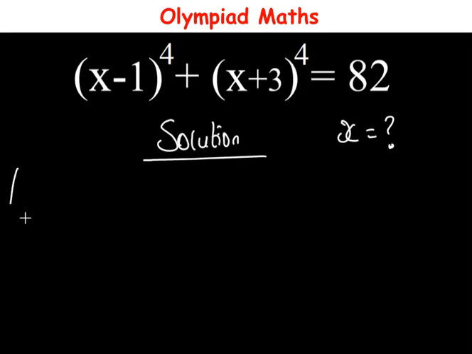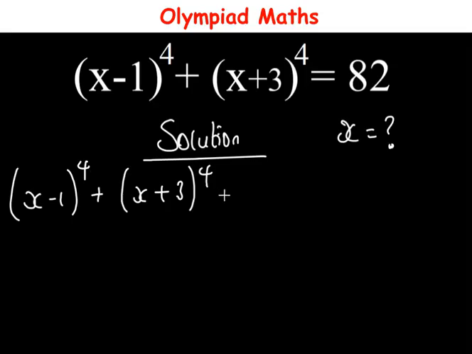So we have (x minus 1) all raised to power 4 plus (x plus 3) all raised to power 4 equals 82. So right here we can express minus 1. Minus 1 can be written as 1 minus 2.